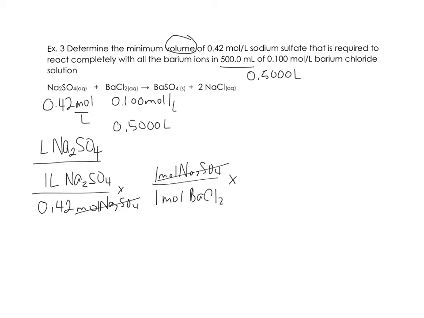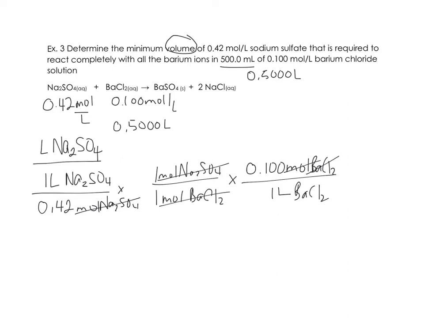Now we've got to get rid of moles of barium chloride because we don't want that in our final answer. We have the concentration that has moles, and it's over 1 liter.